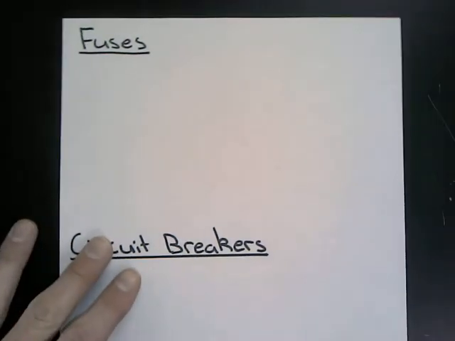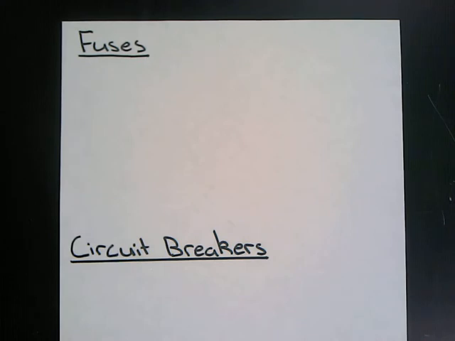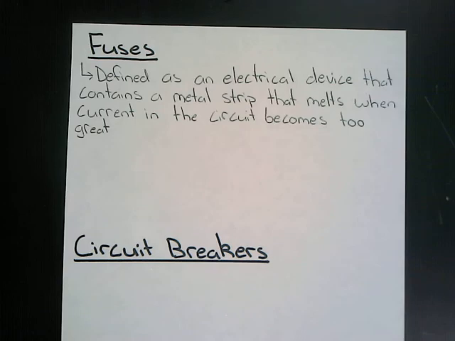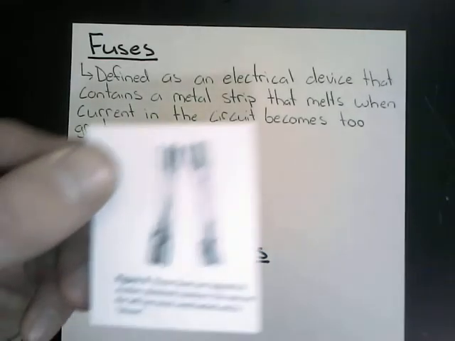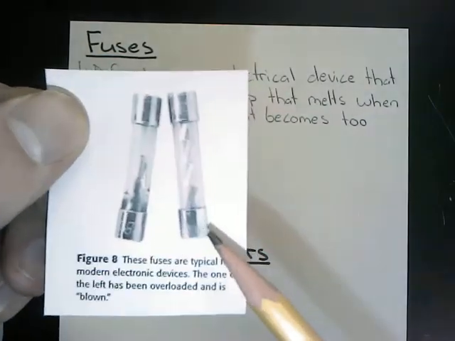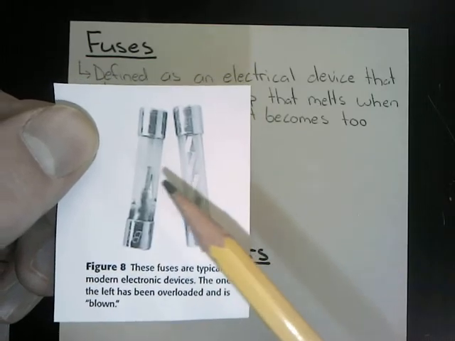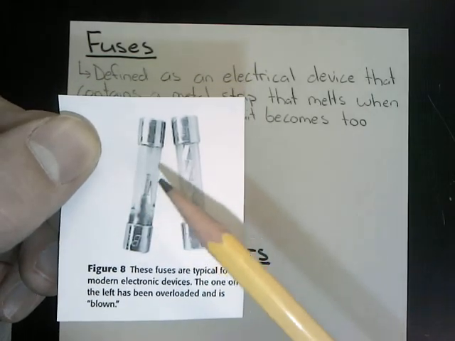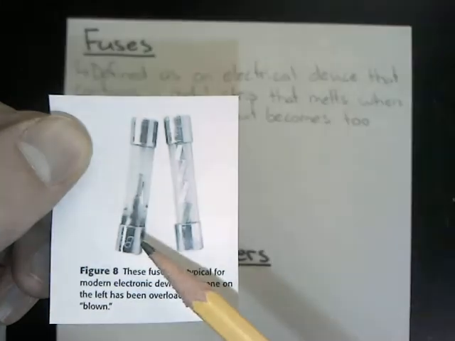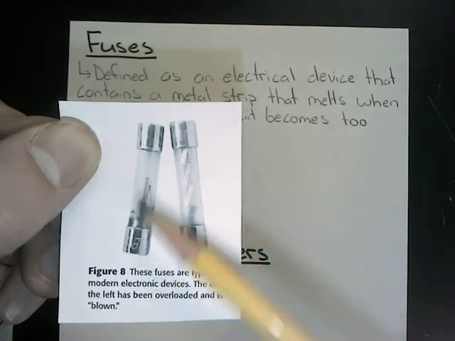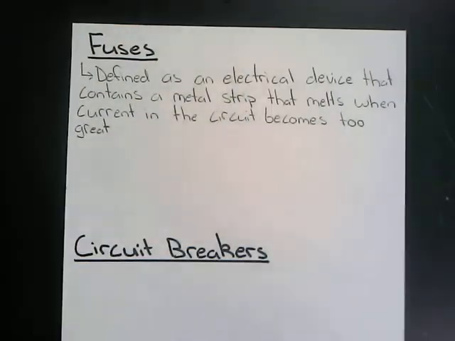All right, so fuses. We start out here with fuses. And these are defined as an electrical device that contains a metal strip that melts when current in the circuit becomes too great. And I have a picture here of a fuse, and you can see here they have this metal strip, and the one picture here on the left, this is a fuse that has been burnt, and so it would prevent electricity from flowing through that.